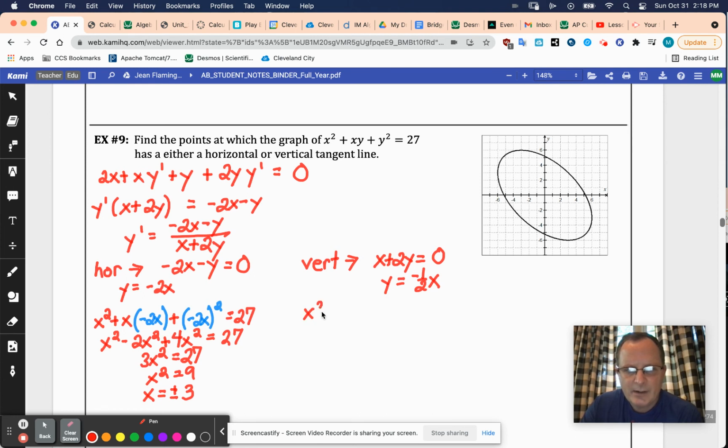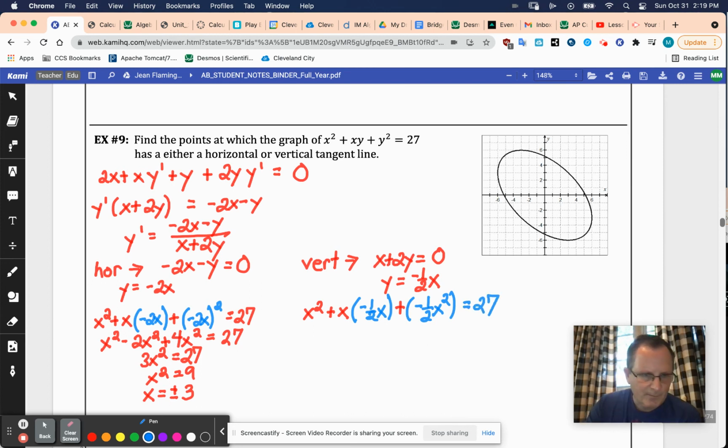So x squared plus x times negative 1/2 x, we'll deal with that in just a second, and then plus negative 1/2 x squared. When is that equal to 27? Looks like these are going to be 6 and negative 6, and you can see it on the graph, but we're going to make sure of that.